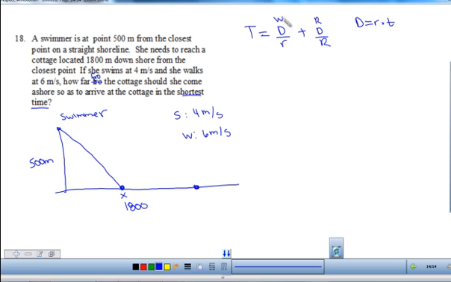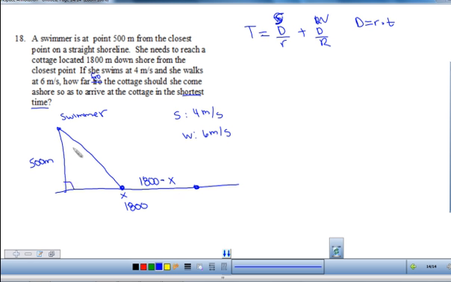So the time is going to be her swimming distance and her walking distance. So we know that from here to here is 1,800. So the part of the distance that she's going to walk is going to be 1,800 minus x.